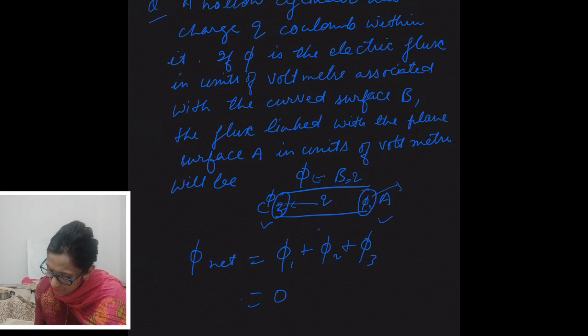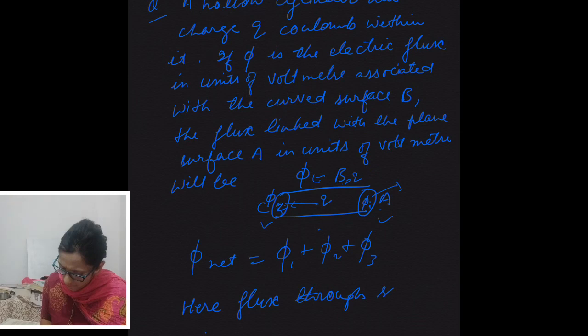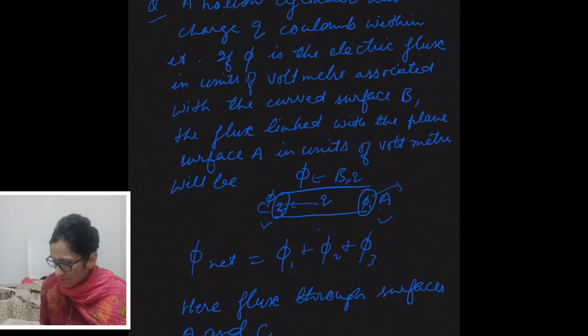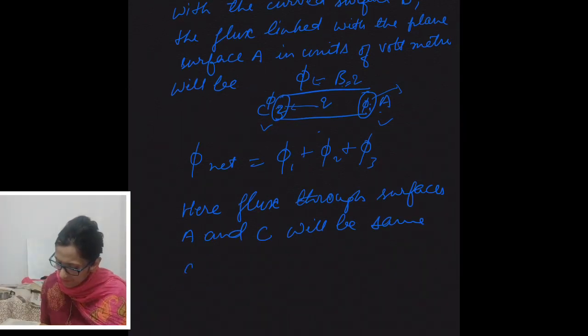So if you assign B as second surface, C as third surface, let me change it. Here flux through surfaces A and C will be same.